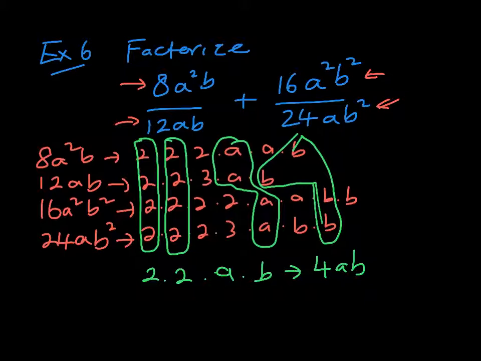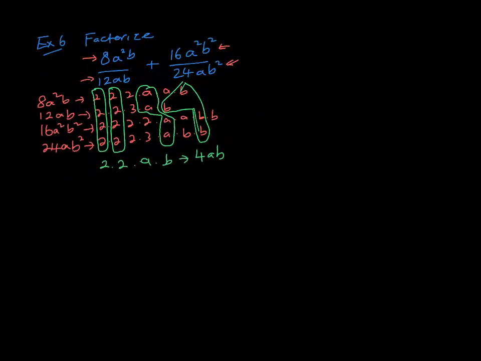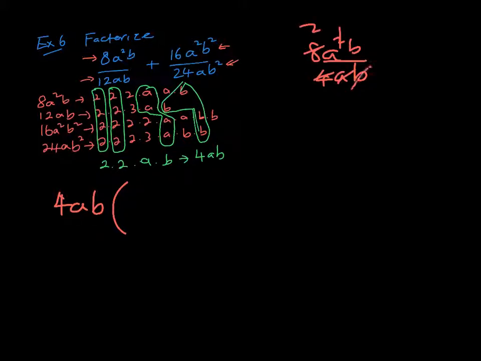Okay, let's create some more space. So 4ab outside the bracket. So if you divide 8a²b by 4ab, what do we have? 4 there is 2, and a cancels one of the a's, b cancels the b.